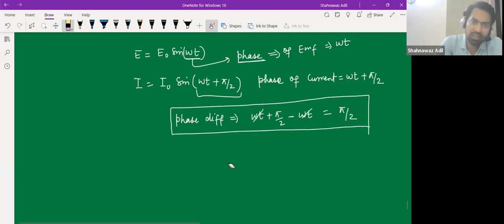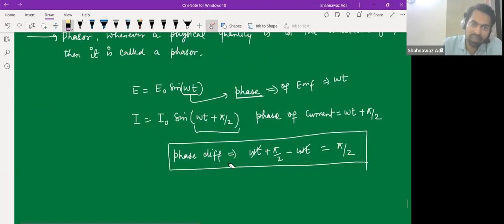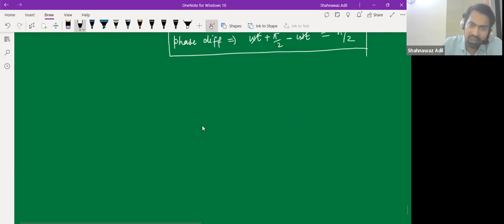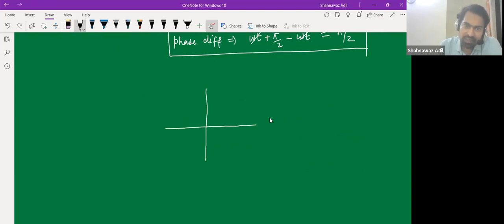But this part, how do we represent these two things, right? This will be done by the phasor diagram. So what we do is, let's say this is the x and y axis, and this is the angle that it represents, right?